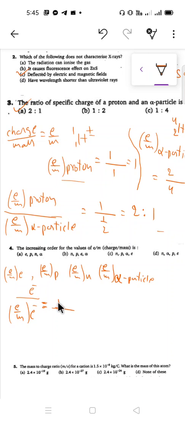Electron has 1 unit charge, divided by mass of electron.